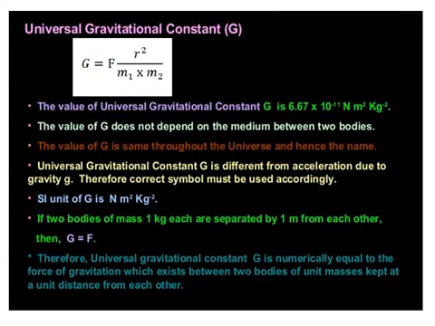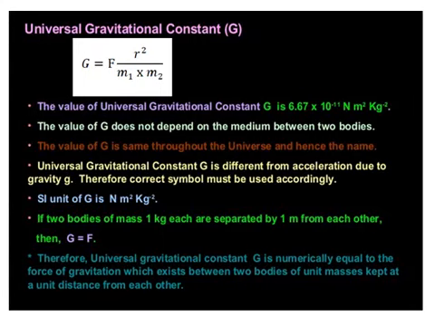Universal gravitational constant G is different from acceleration due to gravity, which is represented by small g. Therefore, the correct symbol must be used accordingly. The SI unit of G is Newton meter square per kilogram square.